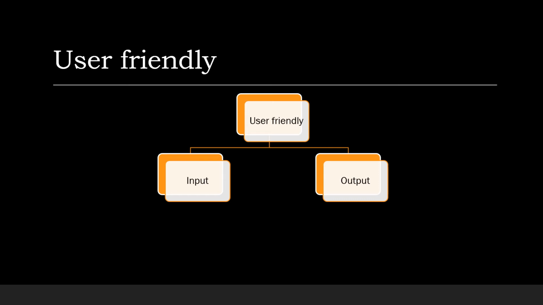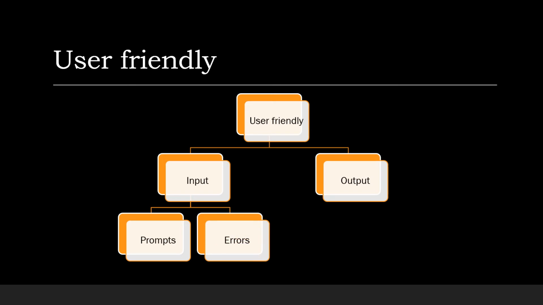What does it mean for the inputs to be well designed? Well, we should include prompts to explain to the user what they have to type in. And we also need to try to prevent them making errors. I'm going to talk more about this on the next slide and in later lessons. And how can we improve the output?